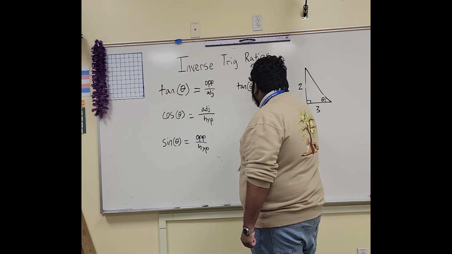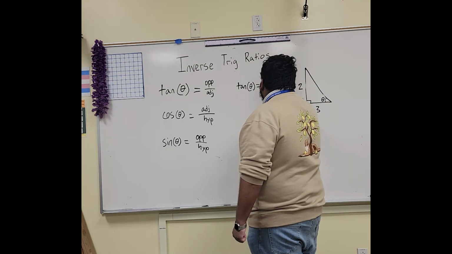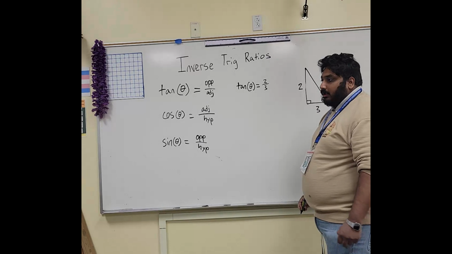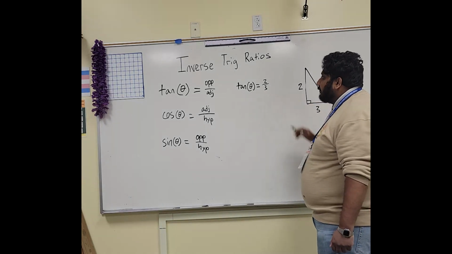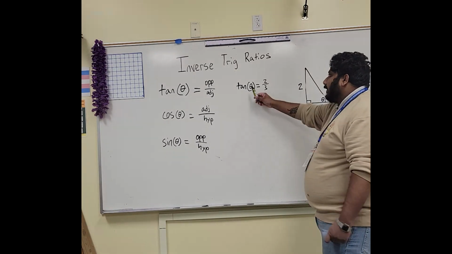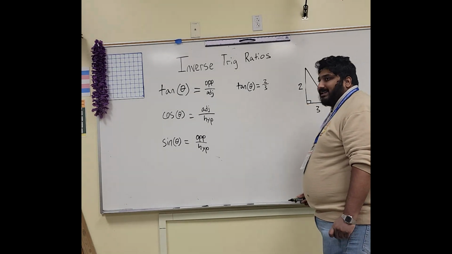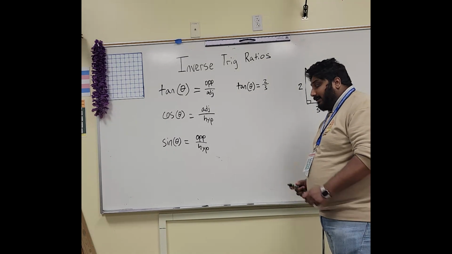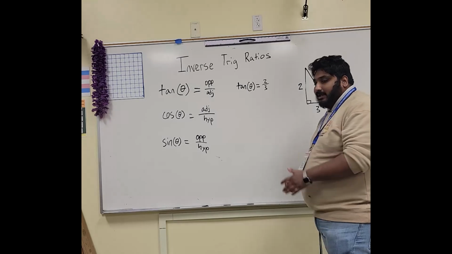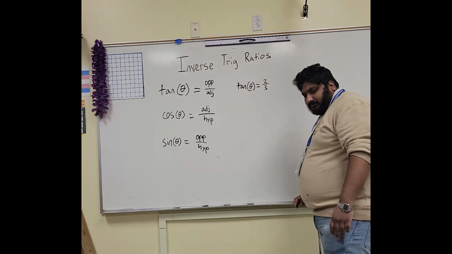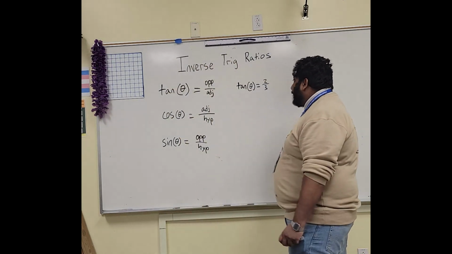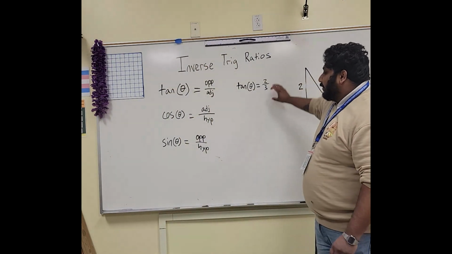Tangent of theta is equal to 2 over 3. So this is our function, but technically you could solve for theta. It's just going to be a lot of guessing and checking, or more so just checking. You'd have to print out one of those trig tables and then go through it and find which angle corresponds to this ratio over here.